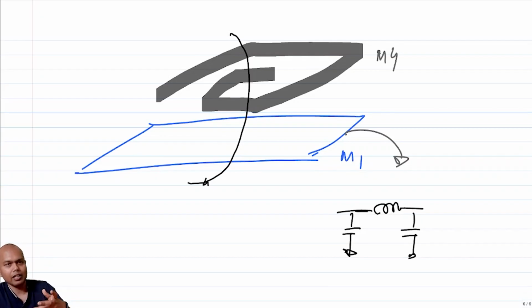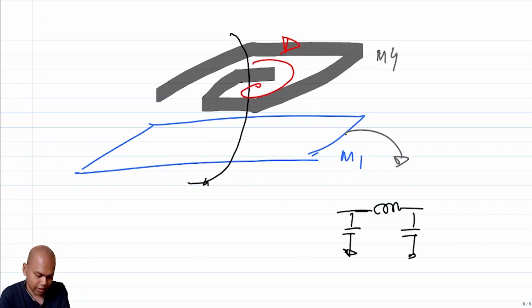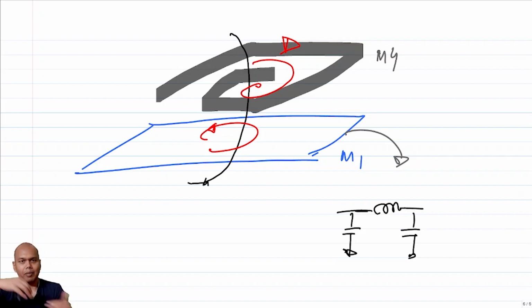The eddy current direction will be such that it opposes the magnetic field, which means that if the current here is in this direction, the current within M1 will be in the opposite direction, so that the magnetic flux cancels, and which means that you are going to have a reduction of effective inductance, right?